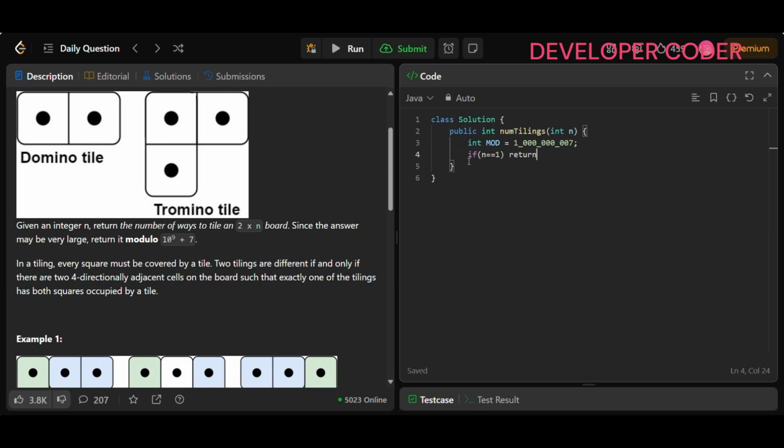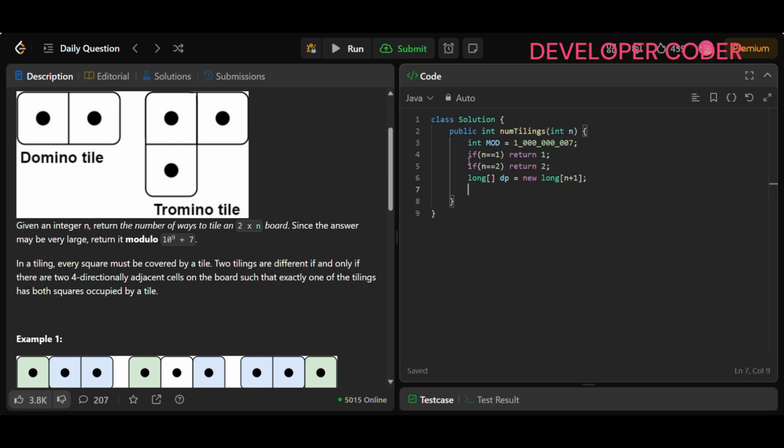And if your n value is equal to 2, you simply return 2.